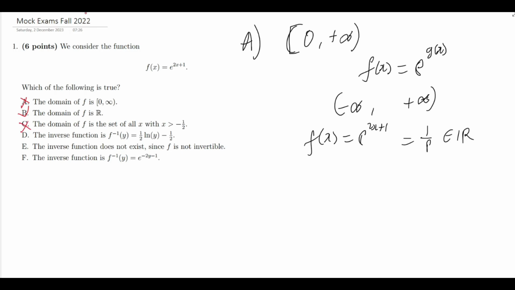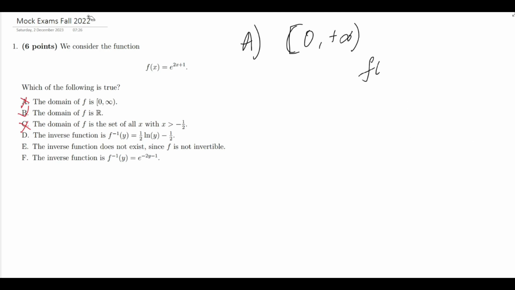Option D: the inverse function of f, f inverse of y, is a half ln of y minus a half. We don't know, so we have to verify. To verify the inverse function, you need to swap your x and y. For option D, we have our function f of x equal to e to the power 2x plus 1.